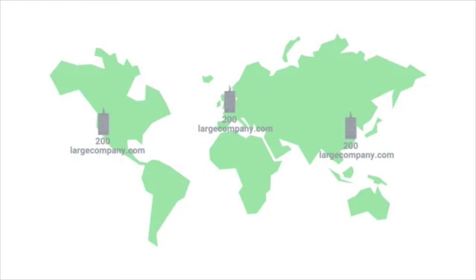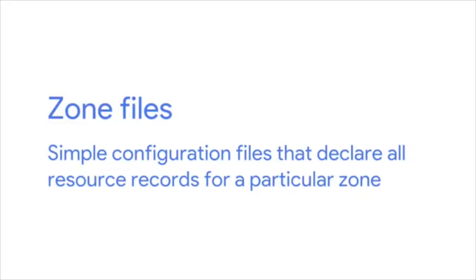So now we could have la.largecompany.com, pa.largecompany.com, and sh.largecompany.com as subdomains, each with their own DNS zone. A total of 4 authoritative name servers would now be required for this setup, one for largecompany.com and one for each of the subdomains.